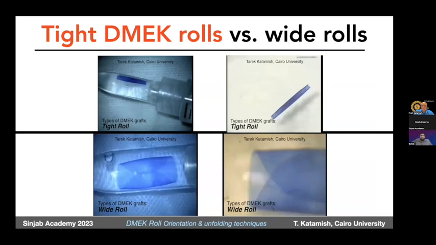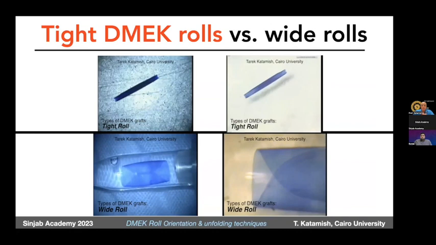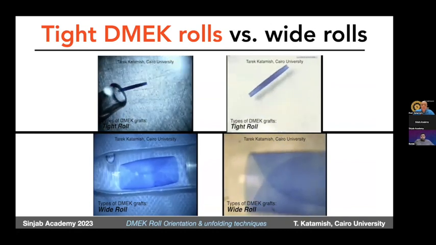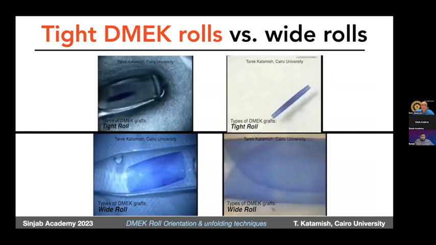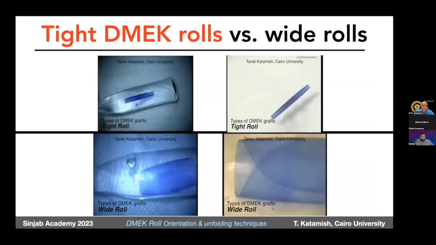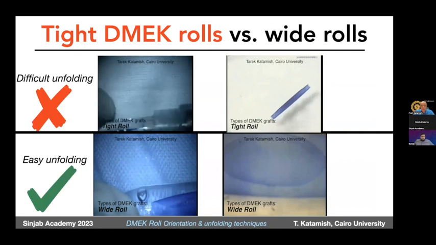So I will speak, of course, about unfolding techniques, but you can easily imagine which type will unfold easily. Is it the tight DMEK roll or the wide? The answer is very obvious. It is very easy to unfold a wide roll, but very difficult to unfold a tight roll.